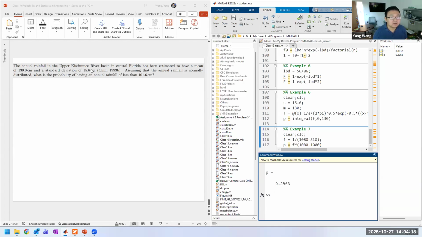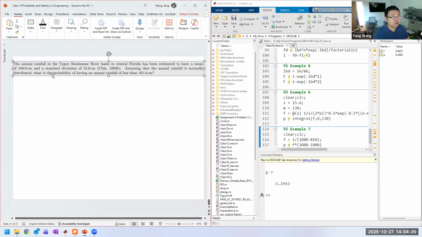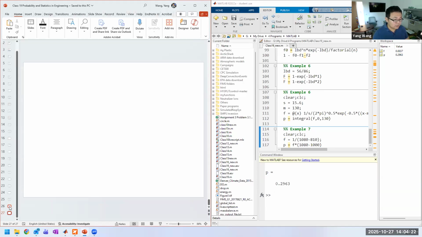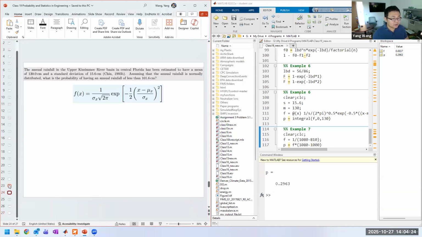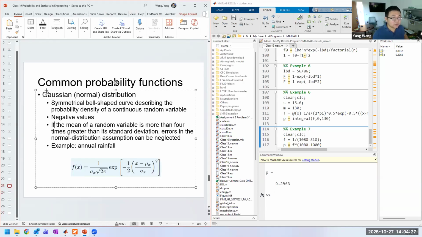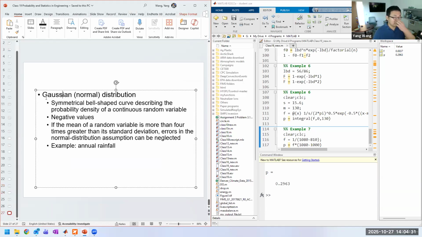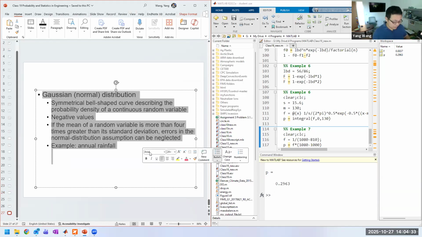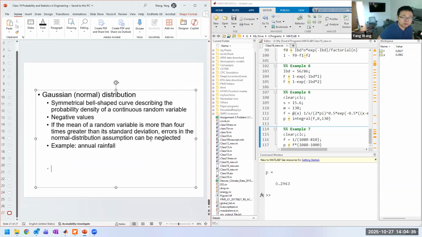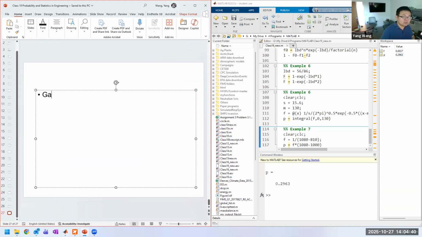Okay. So these are the common probability density functions. This is the earlier function that we already showed, so we don't need to work on this one anymore. But actually, there are more distributions than the ones that we already showed, right? I could just quickly type in some of the distribution functions. For example, there is a function called the gamma function, right?